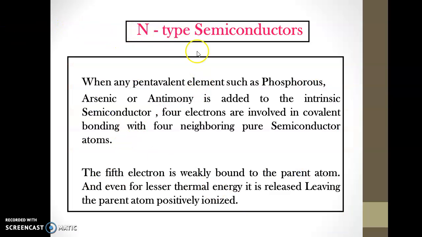Moving on to N-type semiconductors, when any pentavalent element such as phosphorus, arsenic, or antimony is added to an intrinsic semiconductor, 4 electrons are involved in covalent bonding with 4 neighboring pure semiconductor atoms, whereas the fifth electron is weakly bound to the parent atom. Even for a lesser thermal energy, it is released, leaving the parent atom positively ionized.